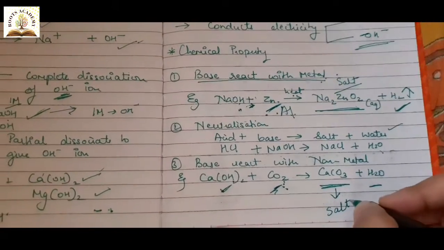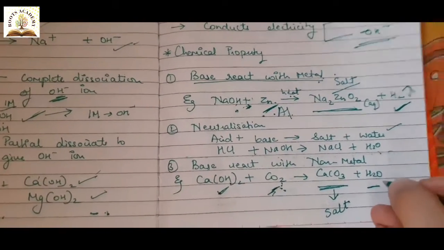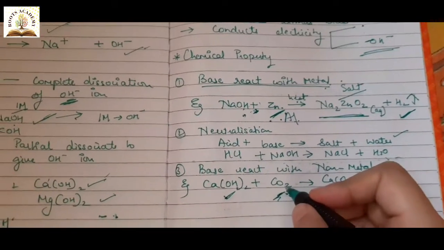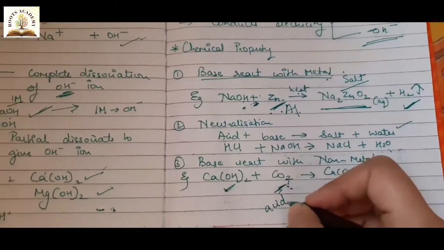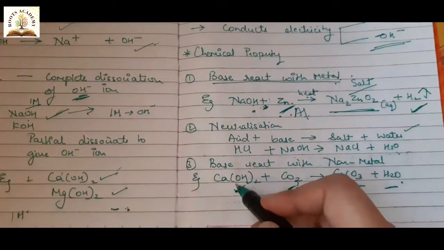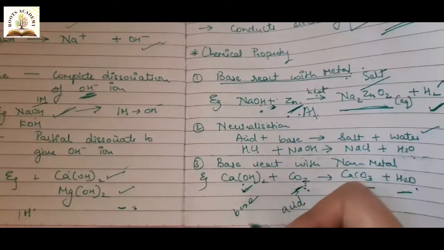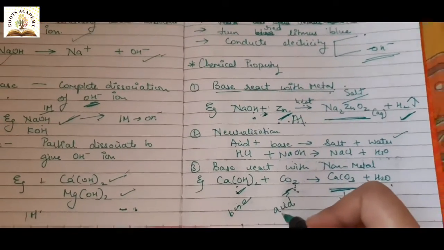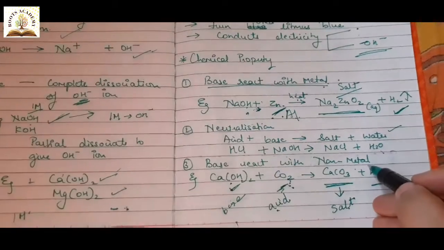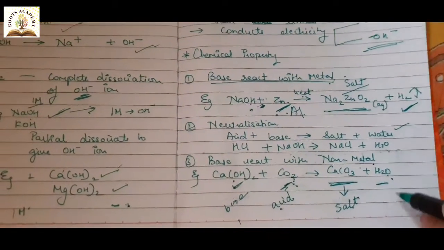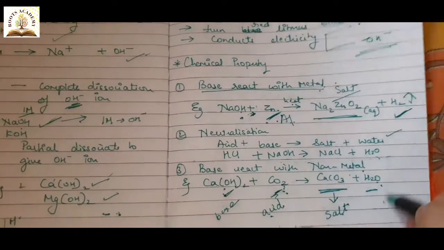Calcium carbonate is a carbonate salt, and you are getting water. Carbon dioxide is a non-metallic oxide, so it behaves like an acidic compound, and calcium hydroxide is your base. So base plus acid gives salt and water. Again, the reaction of a base with a non-metallic oxide is like a neutralization reaction.